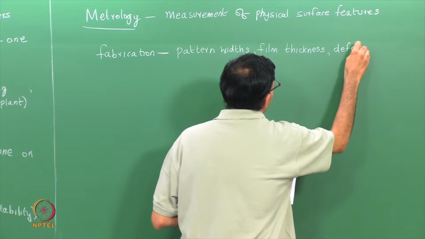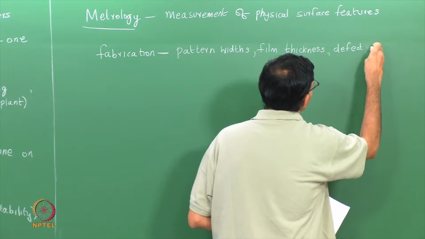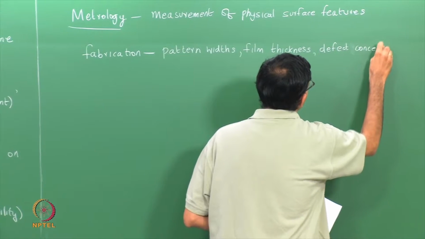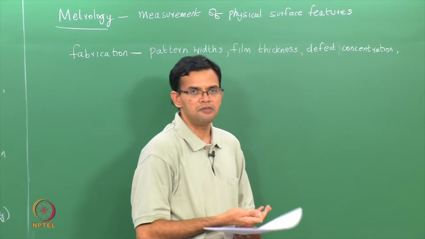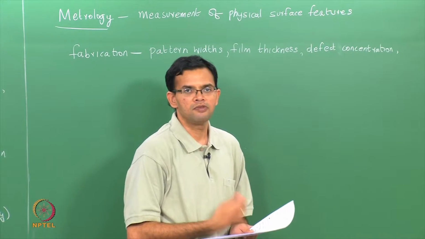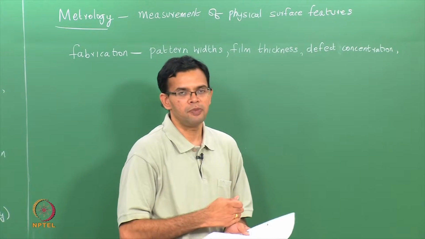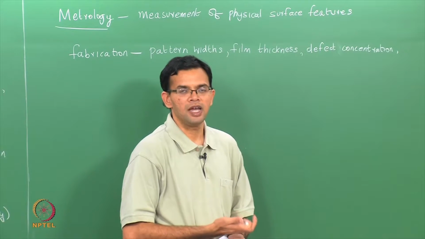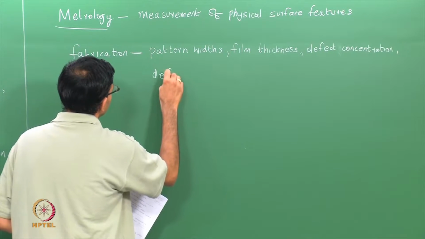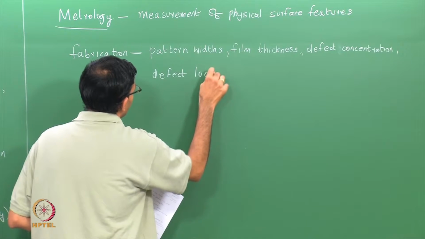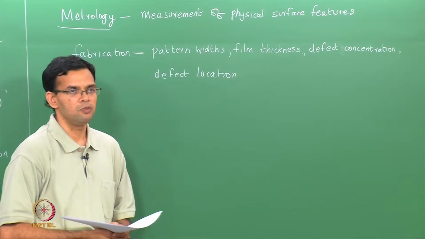The presence of any defects or contamination, so defect concentration. The location of these defects is also important, because if a defect is located on a metal line, it could cause a short, and a short would basically lead to the destruction of the IC, making it a killer defect. So, defect concentration and defect location are all important parameters that need to be measured.